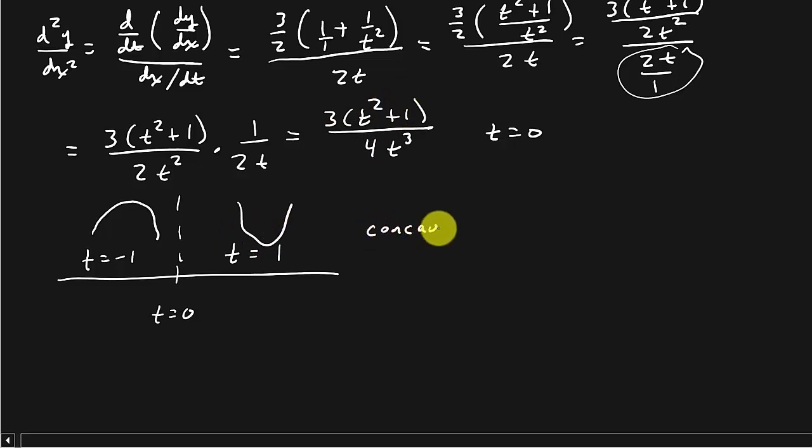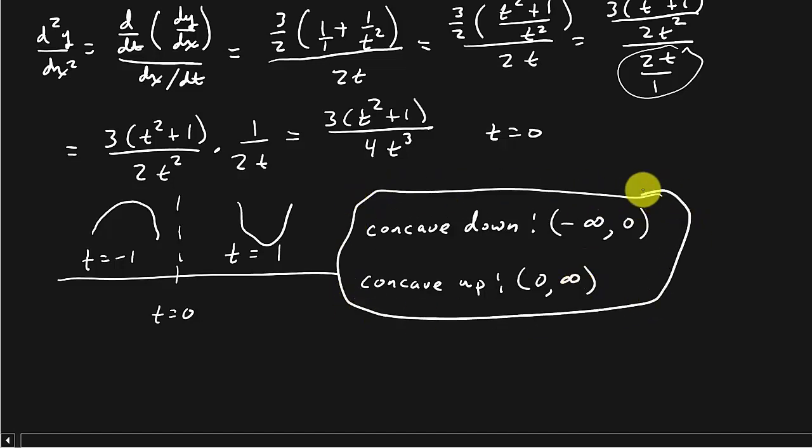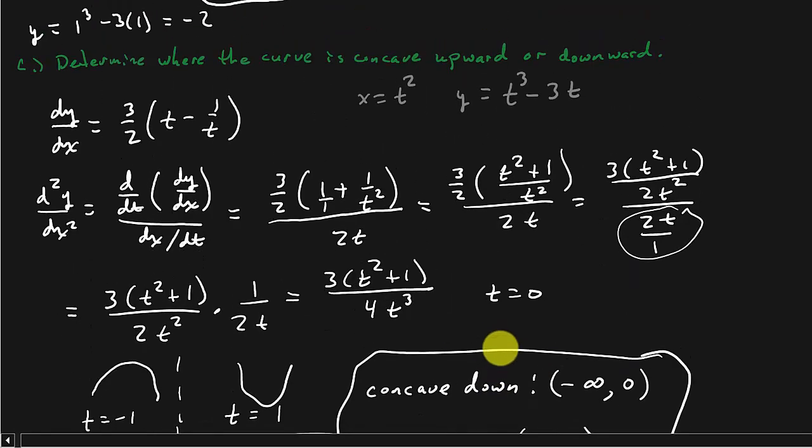So it's concave down from -infinity to 0, and concave up from 0 to infinity. So there's your concavity. And that's all they were wanting to know.